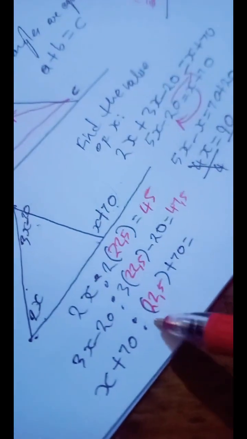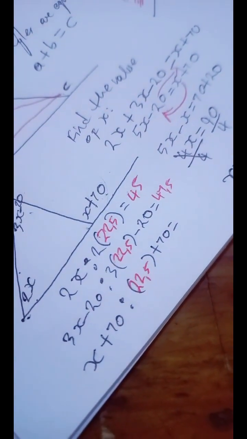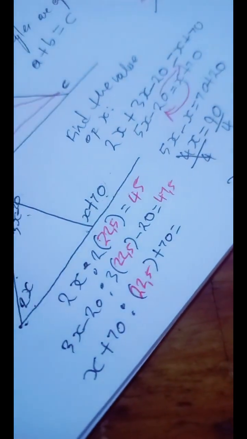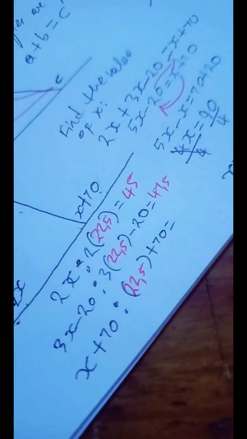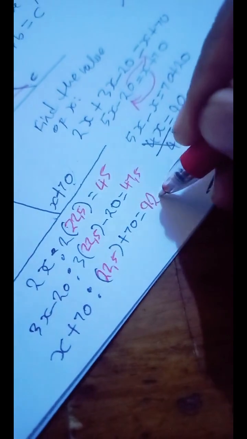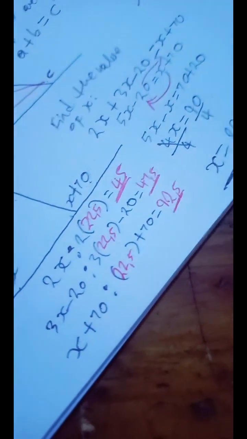This one is 70 plus 22.5, which gives us 92.5. These are our angles.